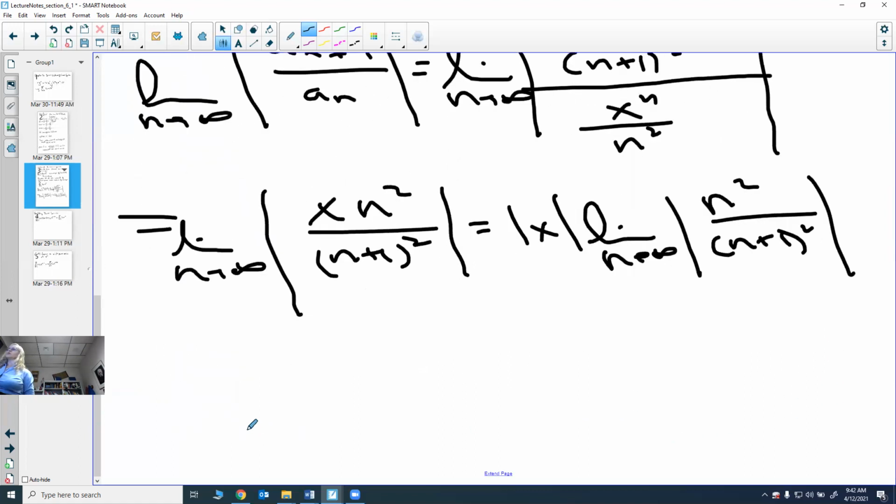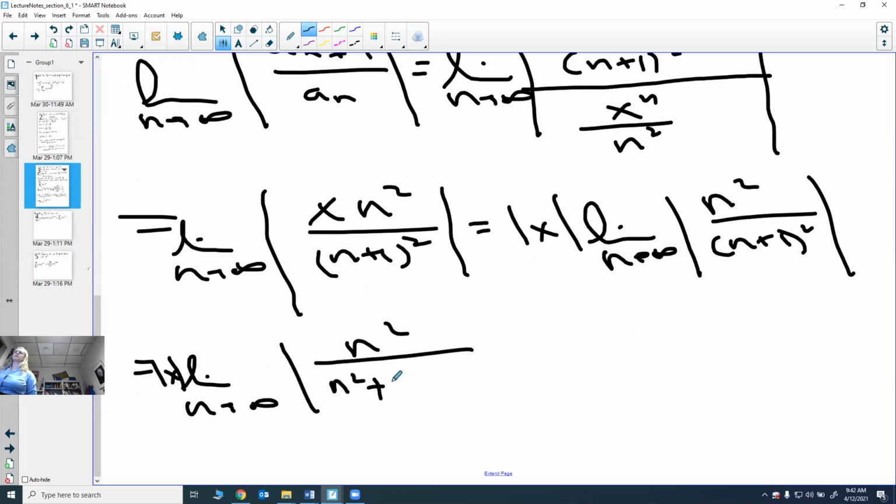So one of the things you could do is multiply out the denominator. So let's do that. Don't lose your absolute value of x out here still. And so we have n squared over n squared plus 2n plus 1. And then we can take the limit as n goes to infinity. We can use L'Hopital's rule because this is infinity over infinity.